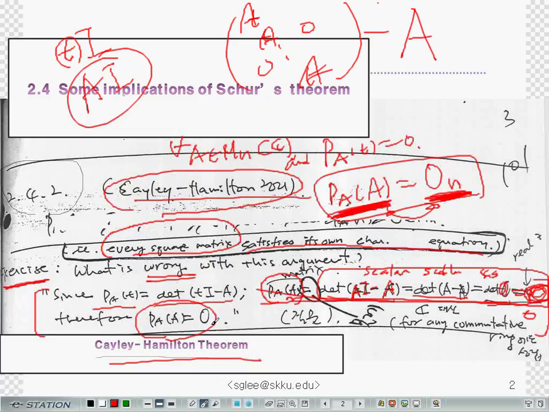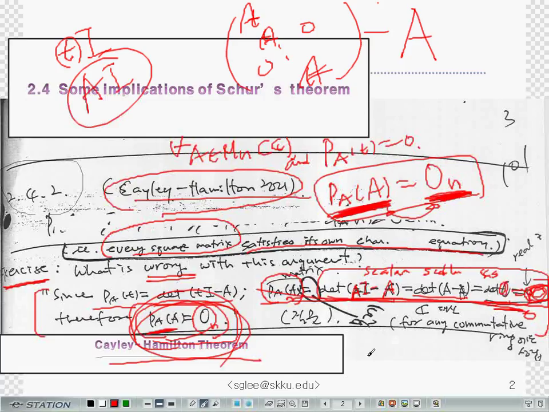But what we are saying here is p_A(A) is equal to a matrix of size n by n whose entries are all 0. So even though we have this, we cannot have that.